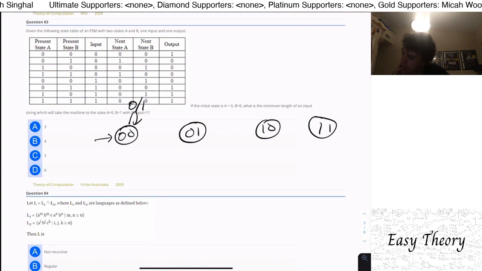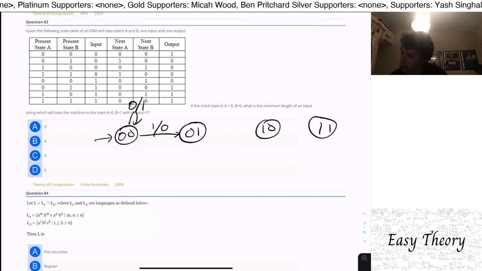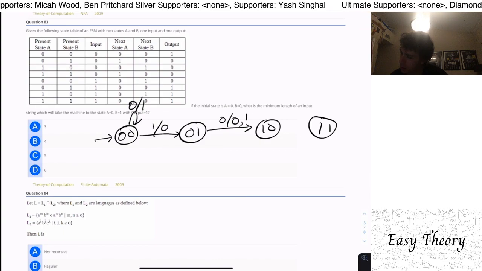On input 1, we go to here and output 0. On input 0, we go to 1, 0, 0, I think. And then we can also do 1, 1.